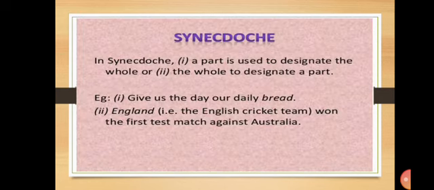Next, we have synecdoche. Now, please do see the pronunciation. It's synecdoche. So, synecdoche is when we use the part for the whole or the whole for the part. For example, if we say India won the match against Australia, we all know that India, the entire country, was not playing a match with the entire country, the entire people of Australia.